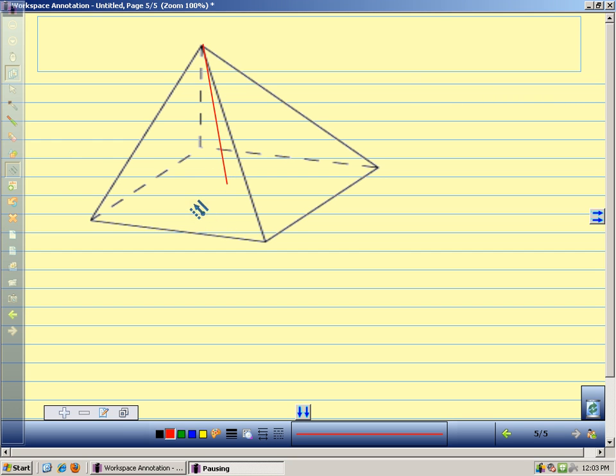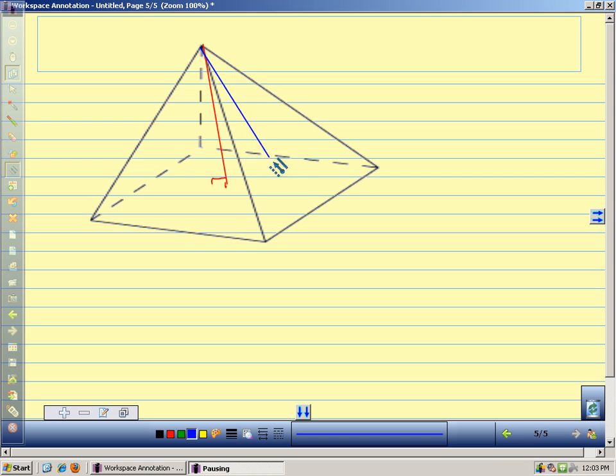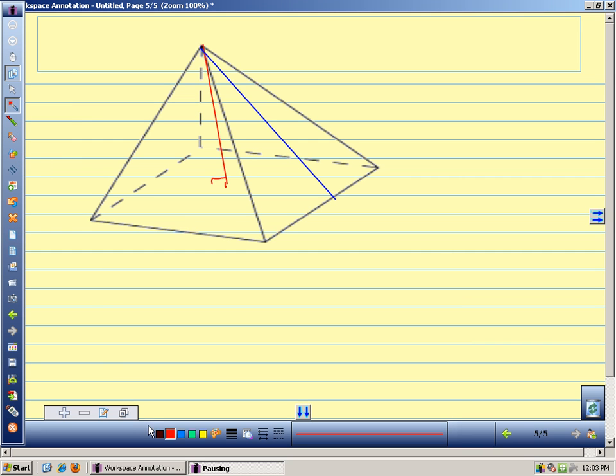So there's my altitude. This is how we find our height. And that makes a 90-degree angle with the base. And let's draw in our slant height. And this makes a 90-degree angle with the side. Now I'm going to draw in one more piece. I'll draw this one in green.